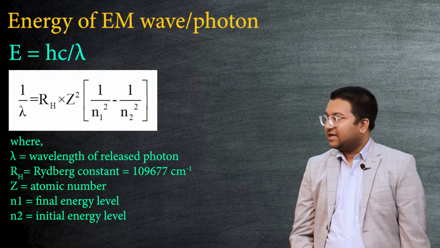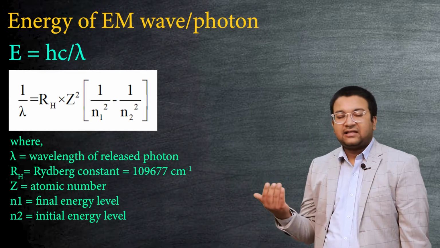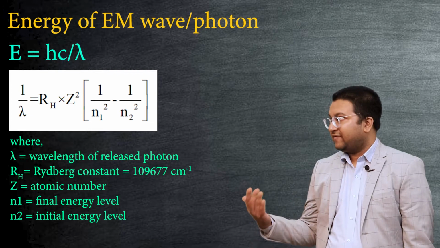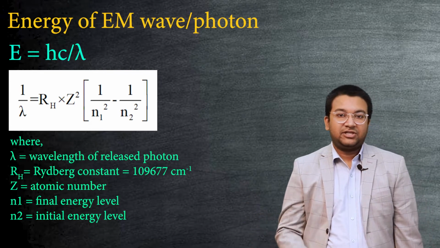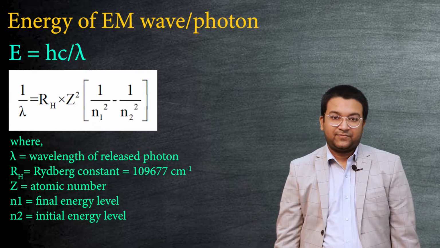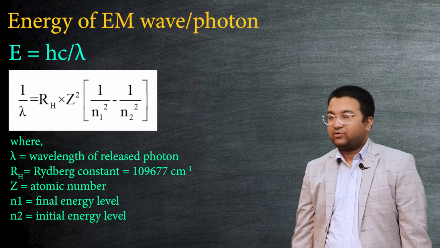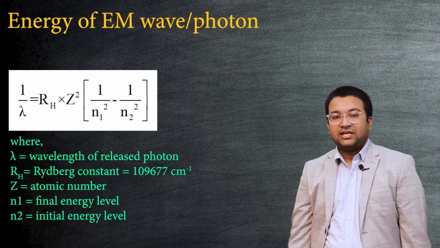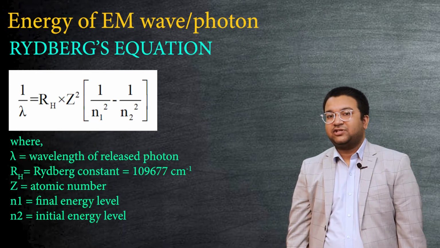Whenever any transition happens, this equation forms, and we just put the values of N1 and N2 to get the wavelength of such a transition, or the photon we are talking about. This equation is known as the Rydberg equation.